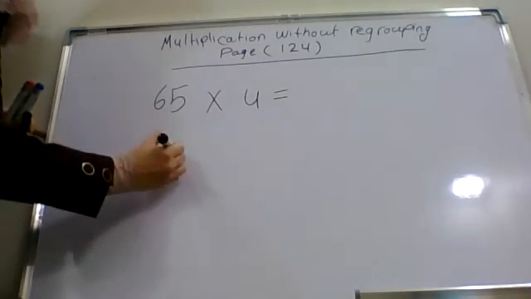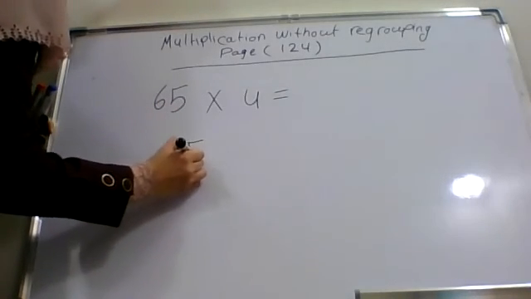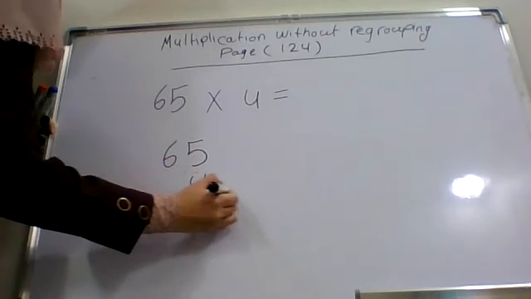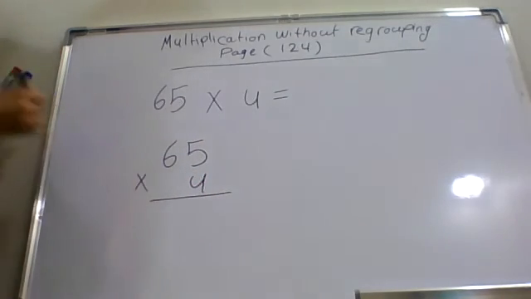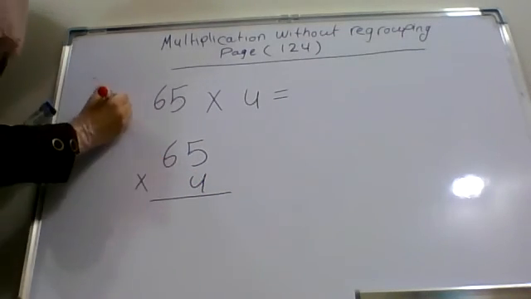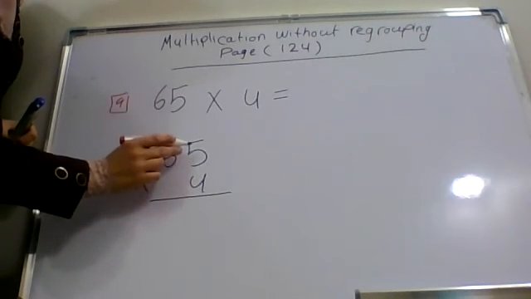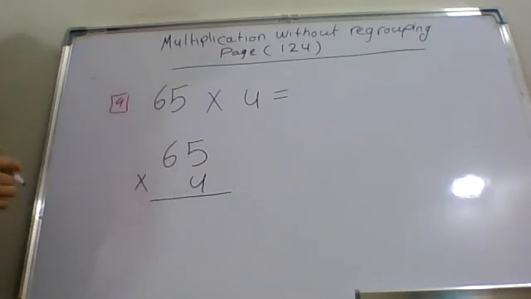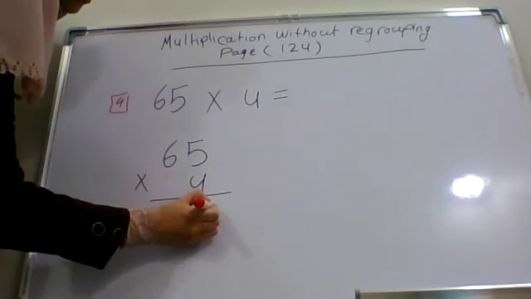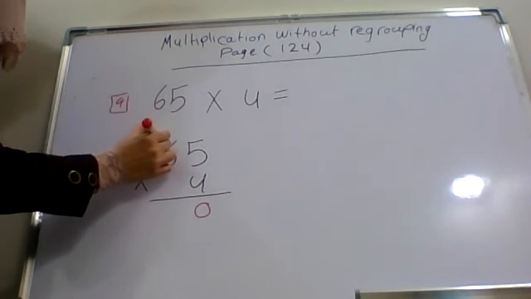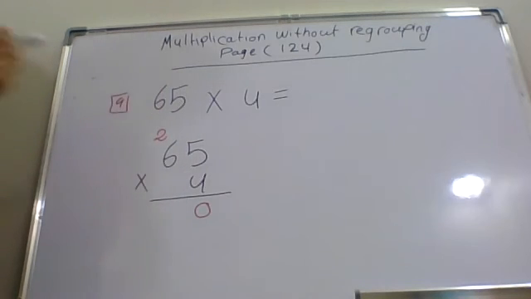I usually write the biggest number on top, then write number 4 and multiply them, okay? I have to multiply the ones place first. 4 times 5 or 5 times 4, it's the same. It's 20, okay? So I write 0 here and I carry number 2, okay? 4 times 6, it's 24.